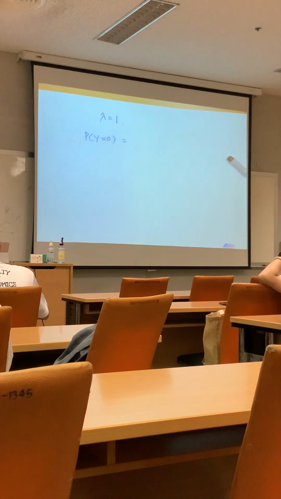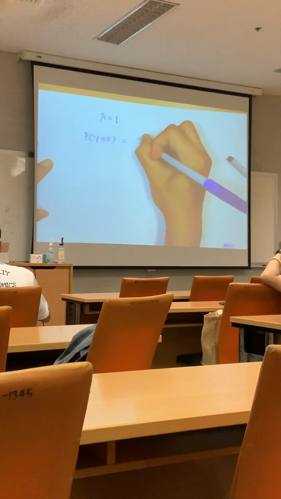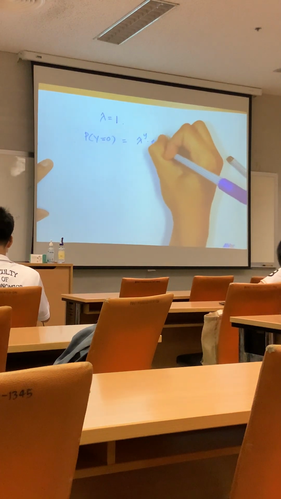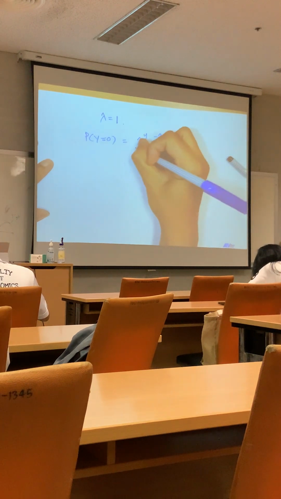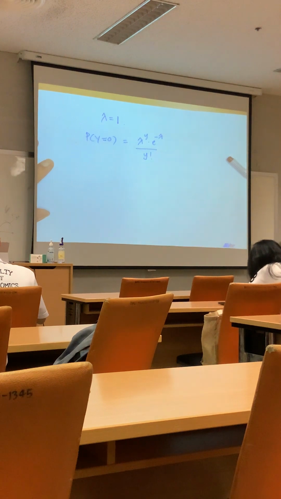So we have the formula: lambda to the power y multiplied by e to the power minus lambda, divided by y factorial.